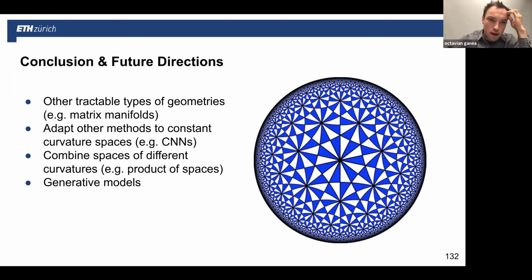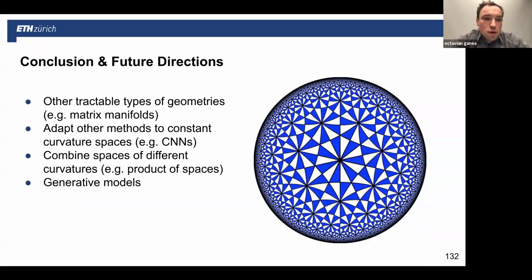Of course, we looked at spaces of constant curvature. There are still many challenges, like how to do optimization, how to adapt deep learning tools to hyperbolic space, and how to make them state of the art in different tasks. For images, there is no paper that really obtains state of the art results so far. So that's very interesting.